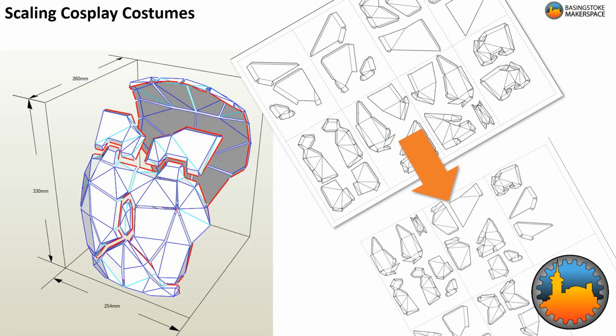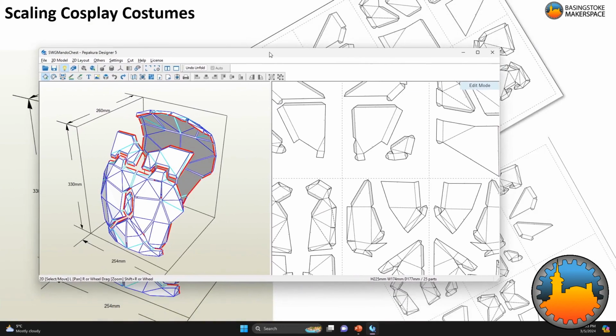So now we're talking about real world stuff like cosplay costumes, or anything you want to make really. So this is a Mandalorian's chest and back armor. So if I just jump to my example, right, let's put it on here.